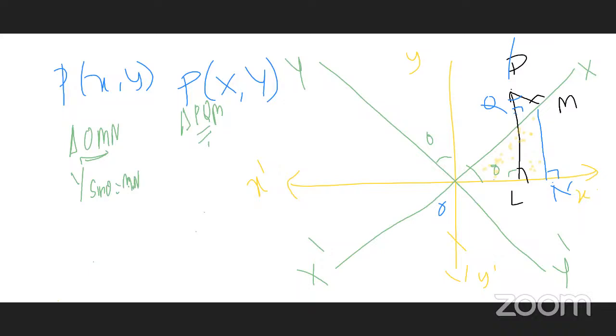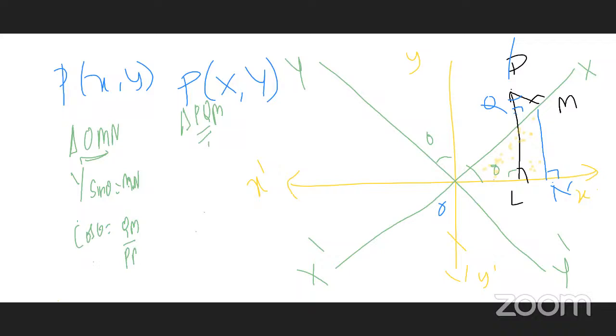Now we are going for triangle PQM, using the same thing. Cos theta is equal to adjacent by hypotenuse. Adjacent is QM divided by PM.